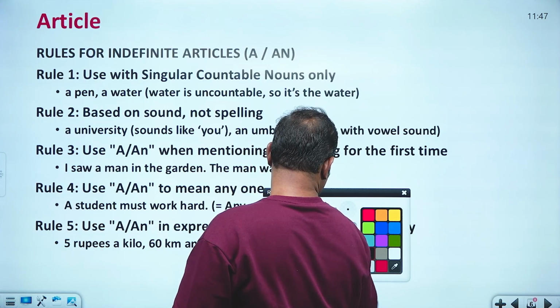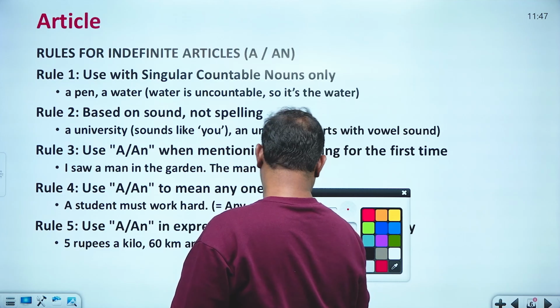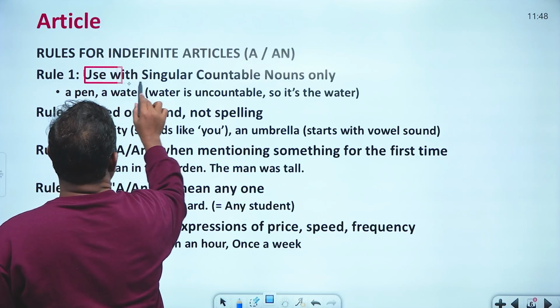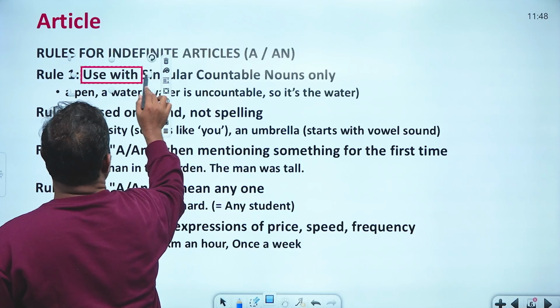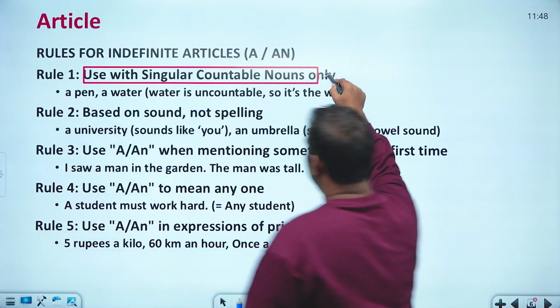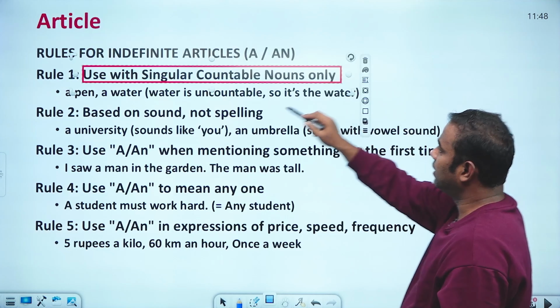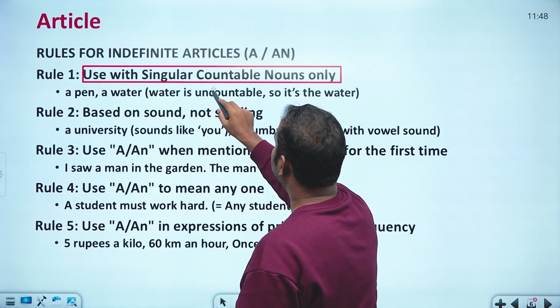Rule number 1: use a with singular countable nouns only. So what do you mean by singular countable nouns?